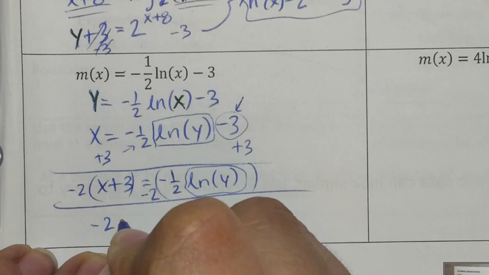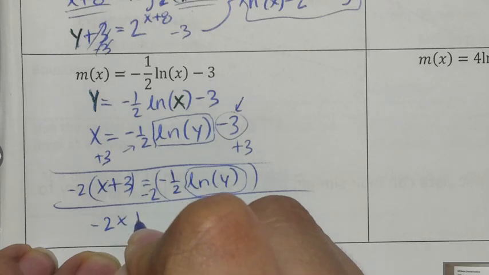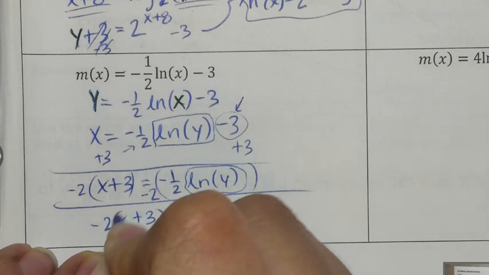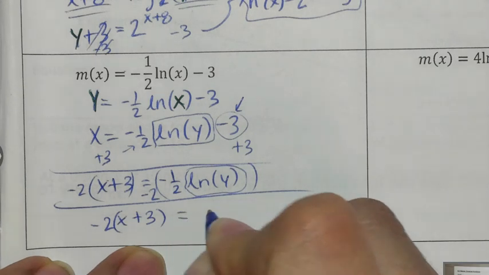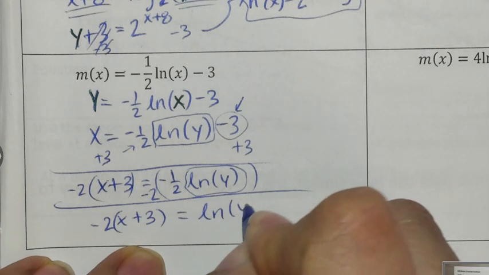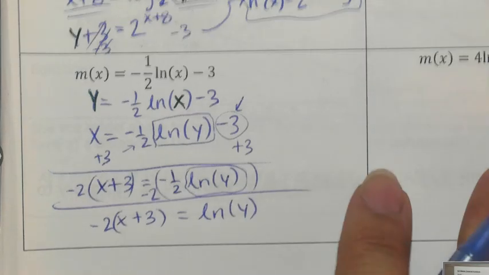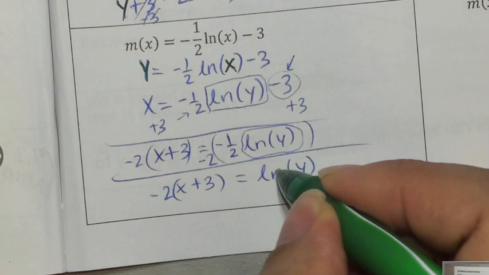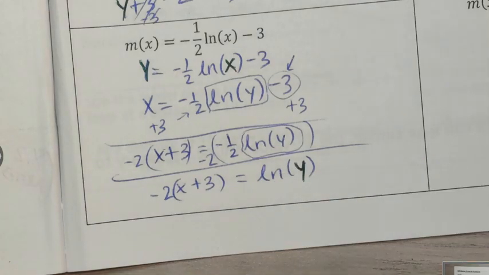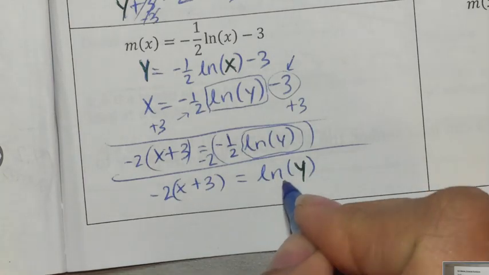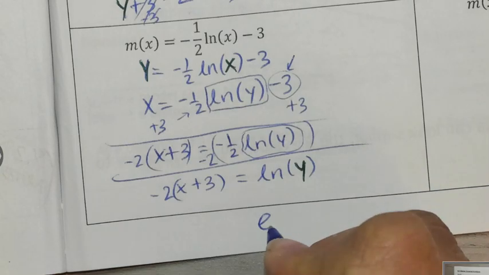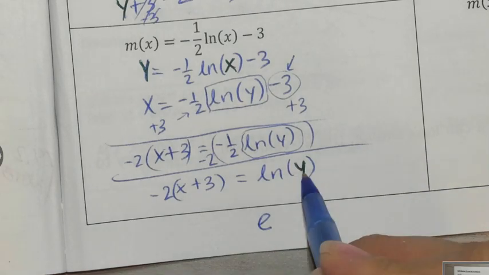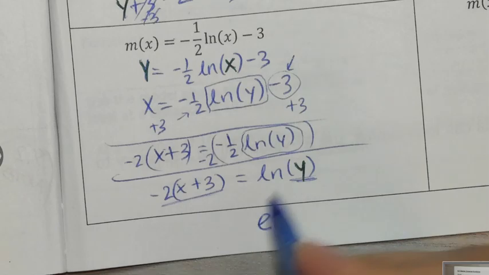We can do x plus 3 in parentheses equals ln y. And then we want to undo the ln because we want to get the y by itself. So we're going to write the base of e. And then these two are going to swap.